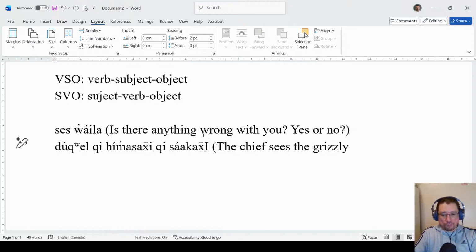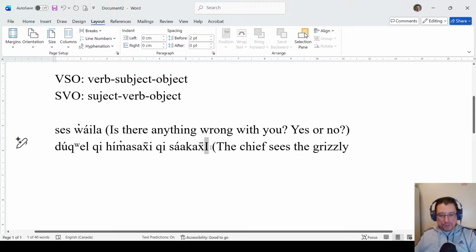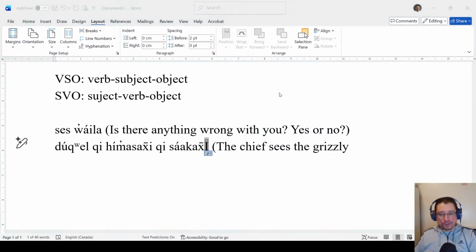And something that word does that I really don't like is it changes the letter I from lowercase to capital. So I think I'm just going to try and turn autocorrect off.